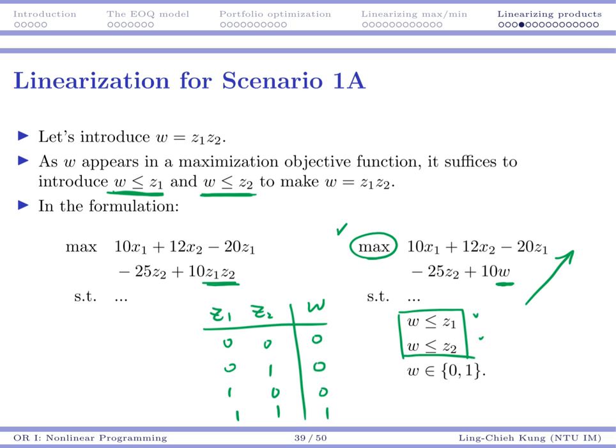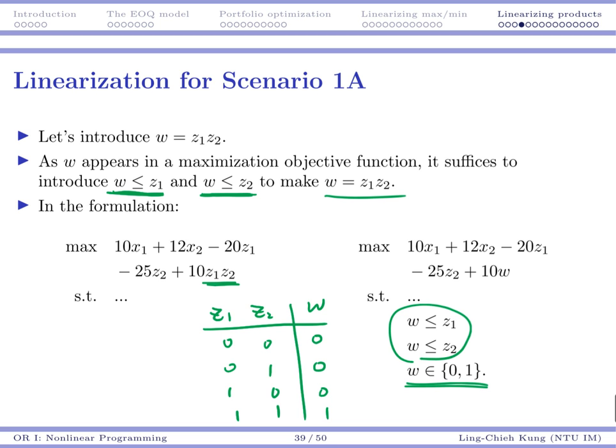Once we play the trick, we will be able to say your W is formulated in this way. W, of course, should be binary. And then you will be able to see that your W can be formulated in a linear way, as long as you split this into two inequalities.